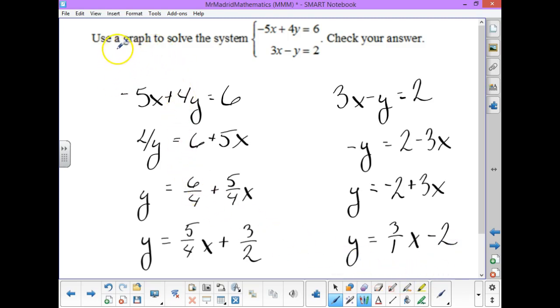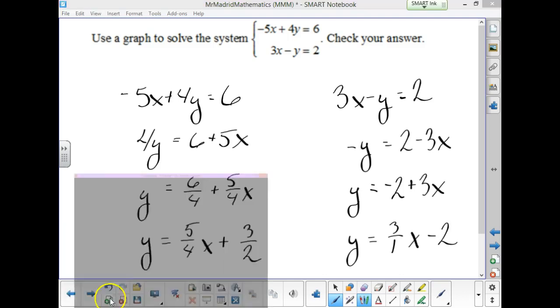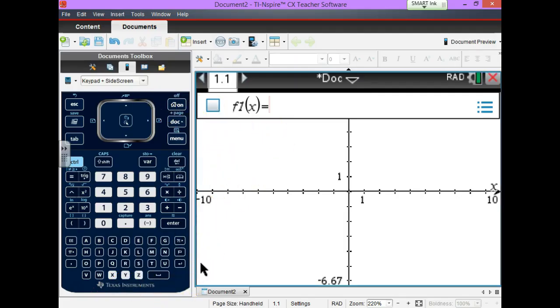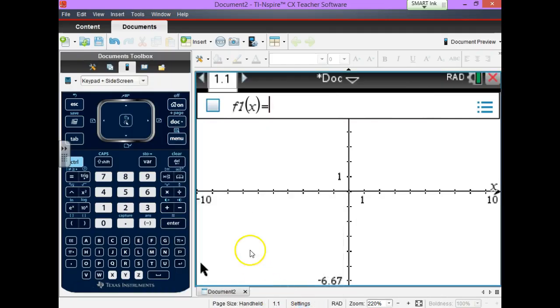Alright, so it says use a graph. So I'm going to now take advantage of the calculator. I'm going to punch those in. So here we go. We got 5/4 x plus 3/2. I'll hit enter.